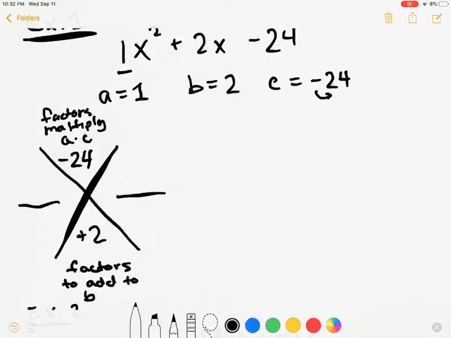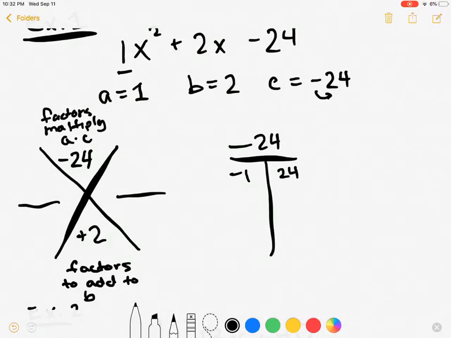To do that, we can draw up a factor table, and I'm going to do this to the side. Negative 24 is the term that we want to factor, and we can find factor pairs for it. There's an obvious factor pair, your trivial pair: negative 1 times the number itself, 24.